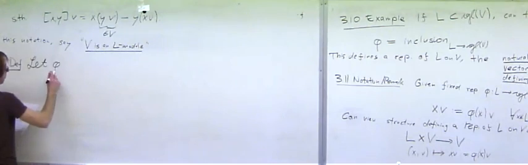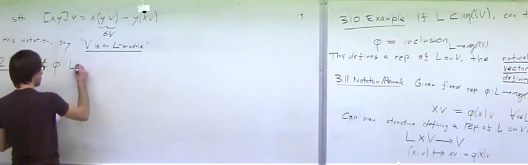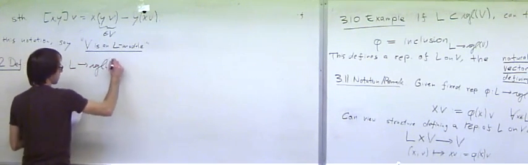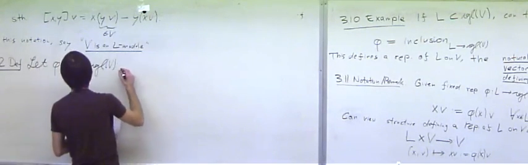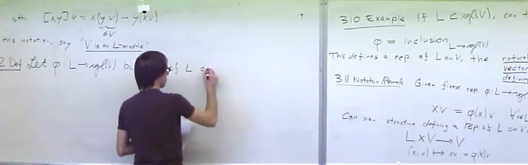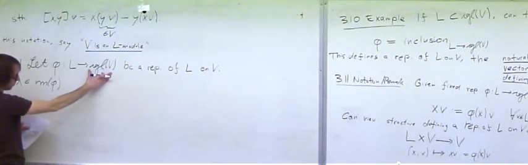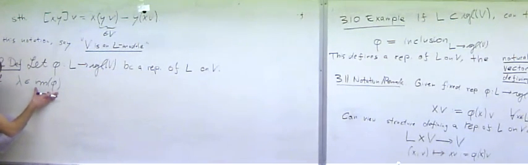So I don't use this short module notation, but just the usual notation for a representation of L on V. And yeah, recall the image of phi is then a sub Lie algebra of gl(V).